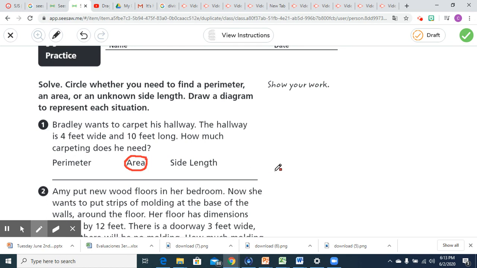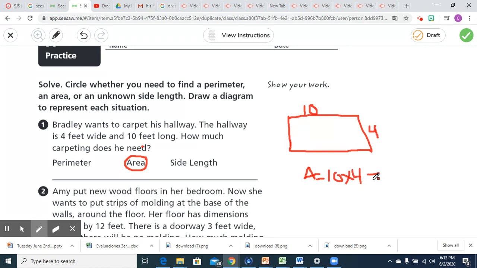So now that I know that I need to find the area, I am going to be drawing my rectangle for the carpet, and I am going to be labeling it with the data here. It's telling me that it's 10 feet long, so I know that 10 goes on top here. And 4 feet wide. To find the area, I know that what I need to do is multiply the length times the width.